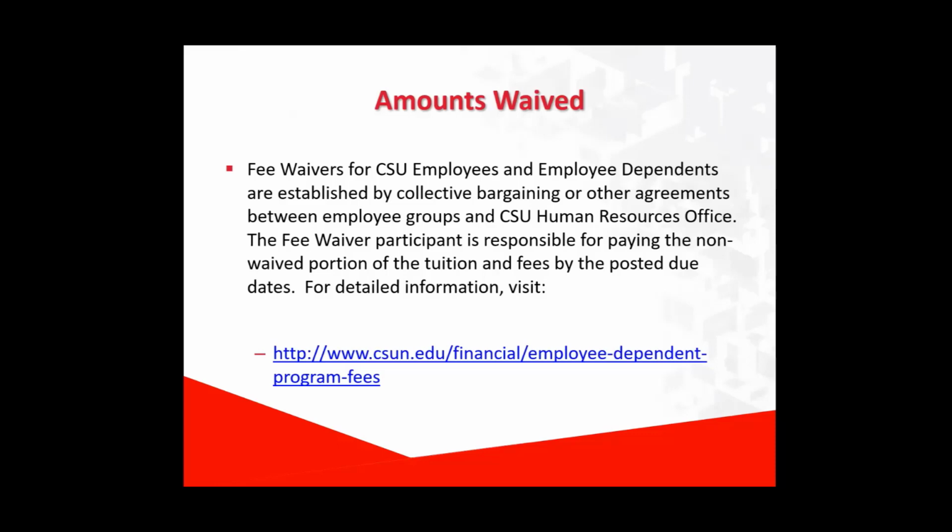Recently, there is a change in bargaining units 6 and 8 for their dependent fee waiver, and we are in the process of updating it. You should see that new information reflected through this link in the next few weeks. Please check back on that.